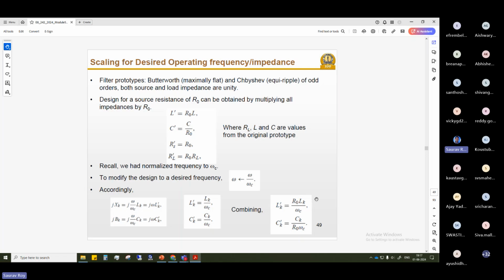You will get a better roll off. But that also comes at a cost of generally more loss. If you add more and more sections, your insertion loss will also increase, but you will get a better roll off. That is where the trade-off comes. You have to make a trade-off of how much insertion loss is suitable for you and how much roll-off factor you want.